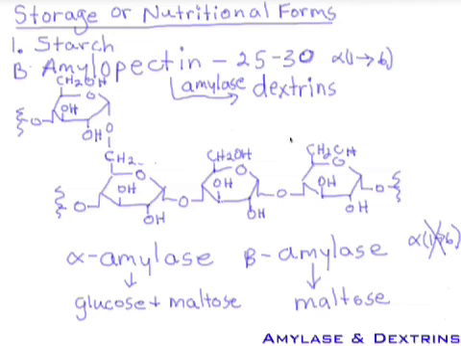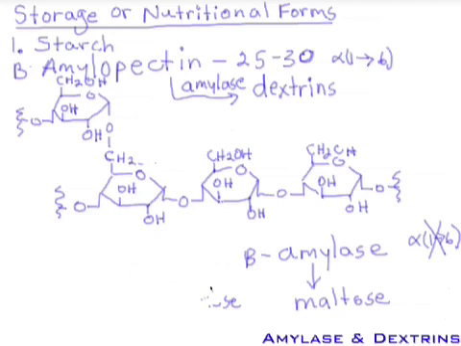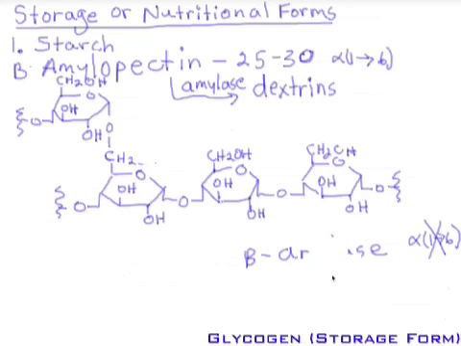Now, what's interesting about this structure of alpha 1,6 branching and alpha 1,4 linkages is that it is also present in another storage or nutritional form, which is found in animals and bacteria.